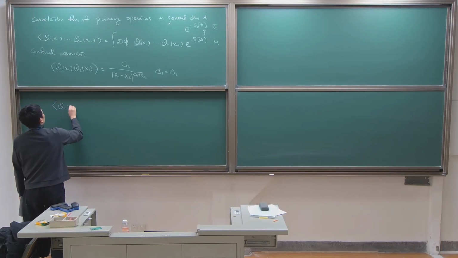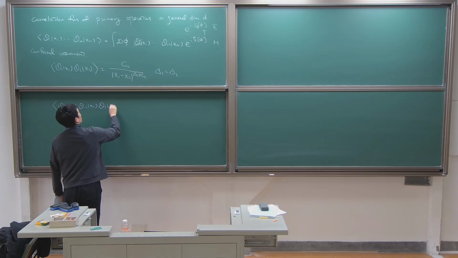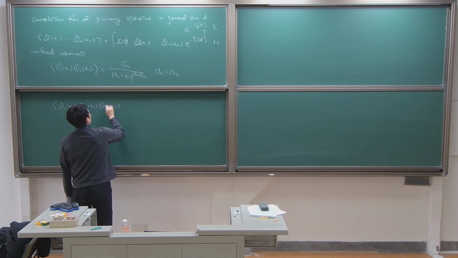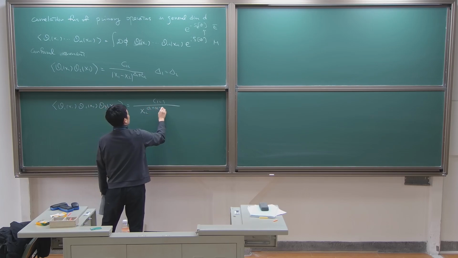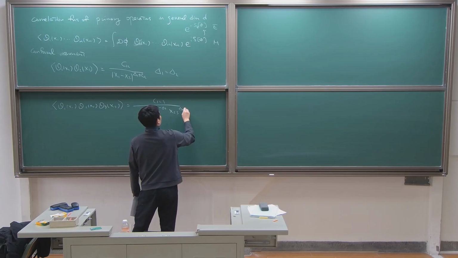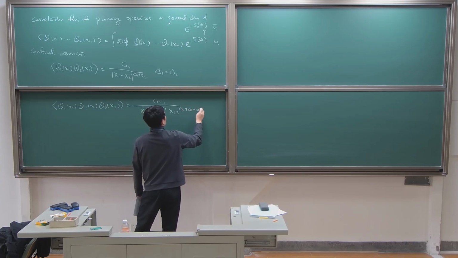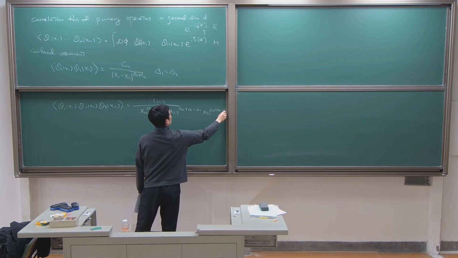And for O1(x1), O2(x2), O3(x3), we have x12 to the power delta 1 plus delta 2 plus delta 3, x23 to the power delta 2 plus delta 3 plus delta 1, and x31 to the power delta 3 plus delta 1 plus delta 2.